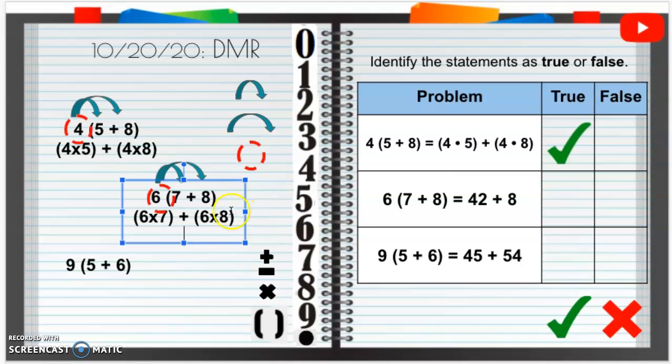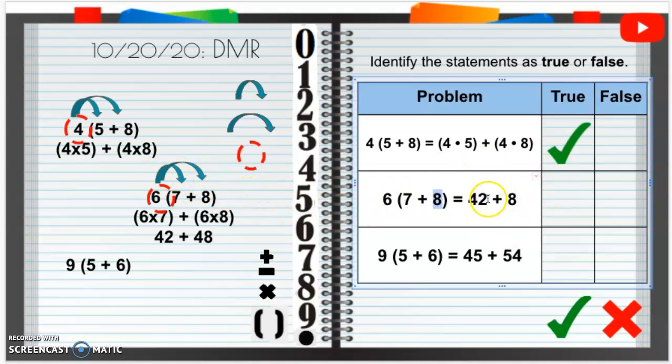Okay, so now we have 6 times 7, which equals 42. Keep that plus. And then we have 6 times 8, or 8 times 6, is going to be 48. So 42 plus, so this is only plus 8. So they just rewrote that. They forgot to distribute. So that's going to be false. So that 8 is incorrect. I'm going to mark that red because that 8 is incorrect. So that's going to be false.